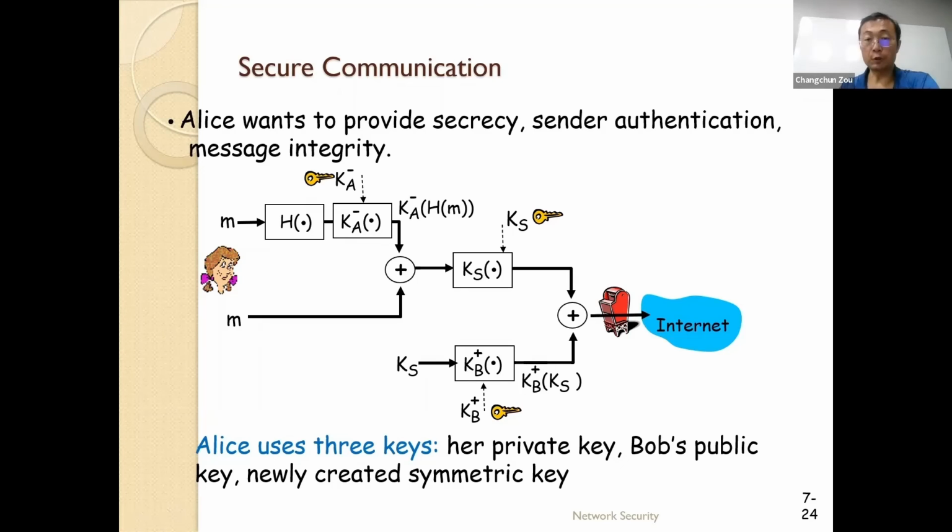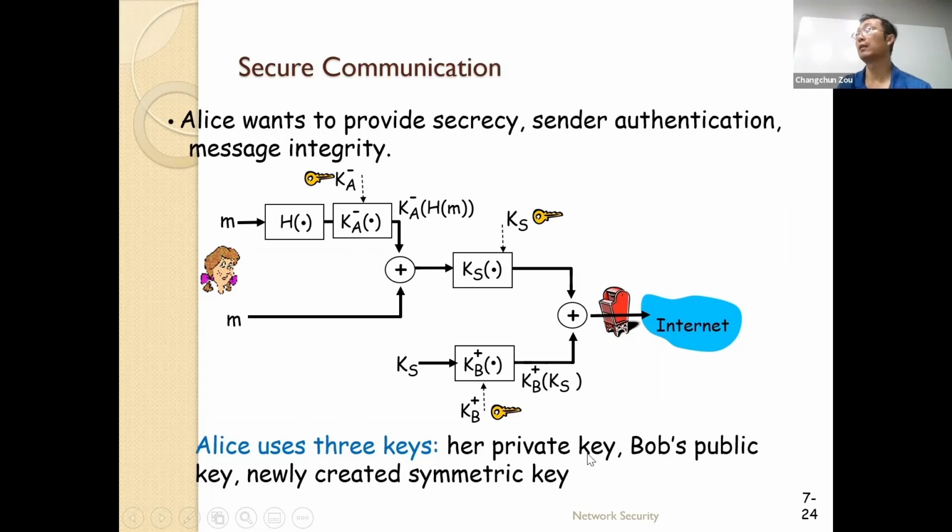Then you distribute the symmetric session key to the receiver by using the receiver's public key to encrypt this session key, so that only the receiver can get the session key. The attacker will not be able to know the session key. So in this way, the sender actually used 3 keys.